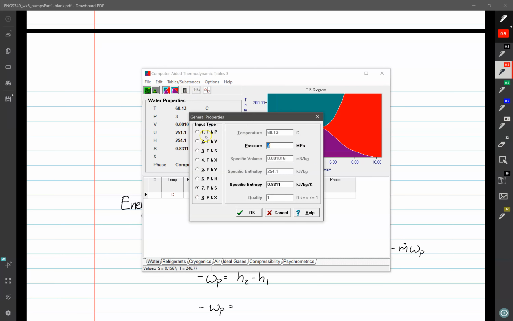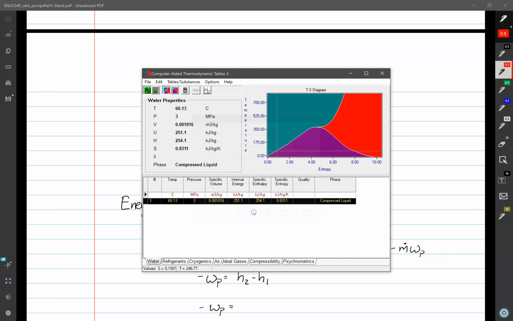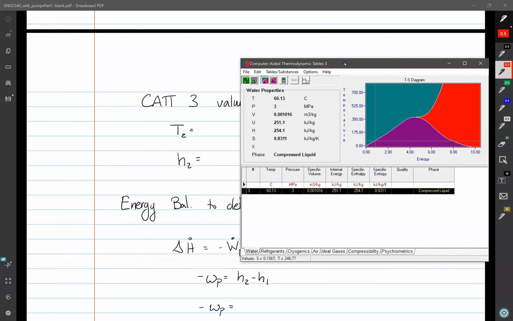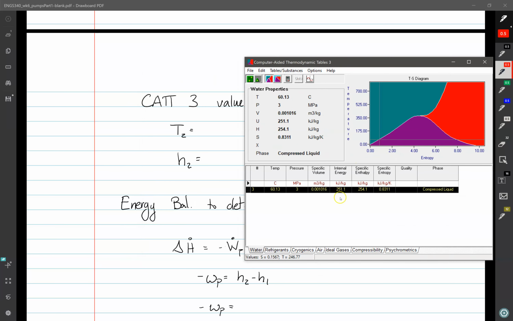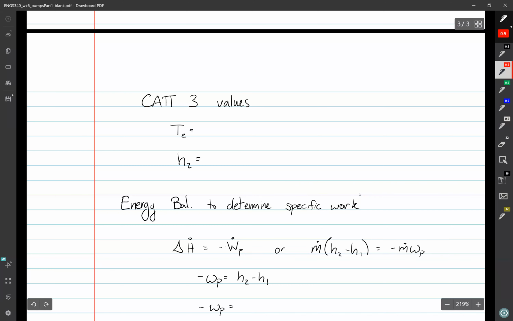We're looking at temperature or pressure and entropy. You can see I've already plugged this in before. Pressure and entropy, and what values do we get? A temperature of 60.13 and an enthalpy of 254.1.